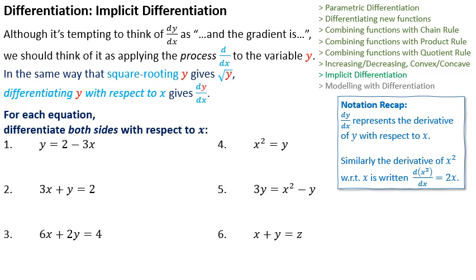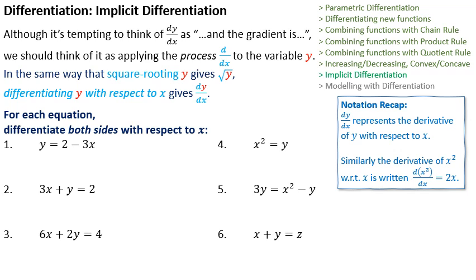What I'd like to try with these is to broaden your interpretation of dy by dx a little bit by differentiating both sides of the equation in each case with respect to x. If it's something which you can directly calculate, like there's an x squared in question 4, so you can differentiate it to 2x, then do so.